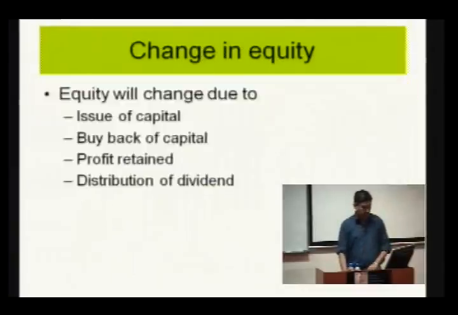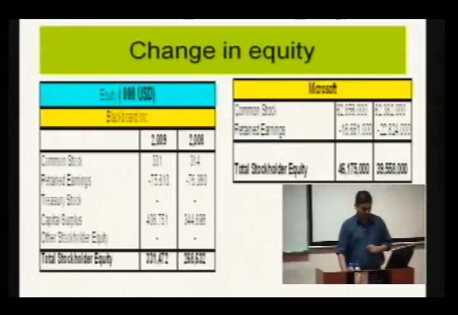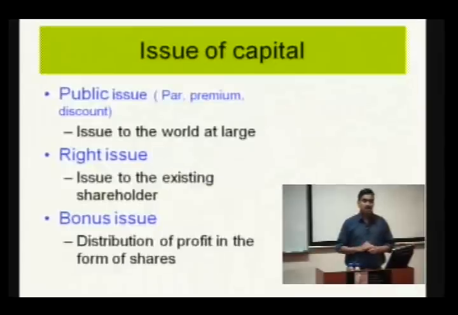So, as we mentioned, the equity can change if there is a retained profit, equity can change if there is an issue of capital, which is what happened here in these two cases. The issue of capital can be done to public at large, or to the existing shareholders, which is called rights issue, or maybe a bonus issue. The rights and bonus are to the existing shareholder, where the public issue is issued to the public at large.